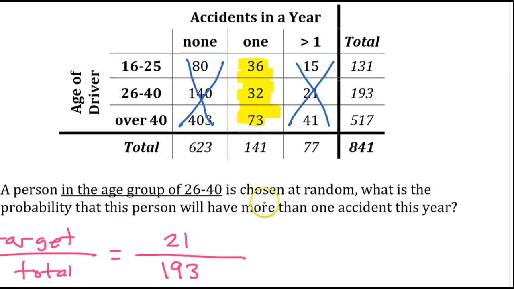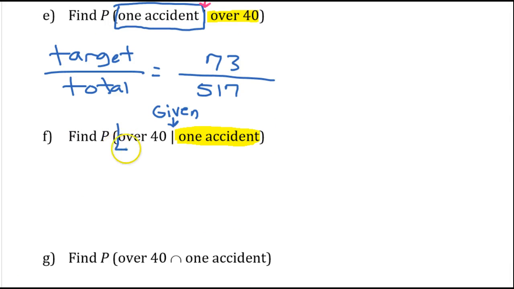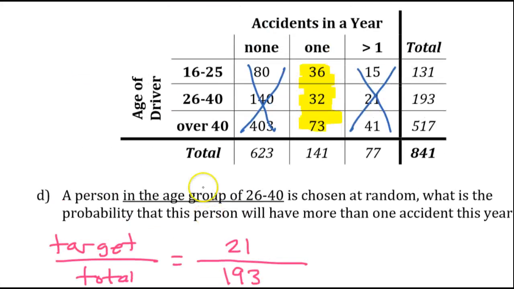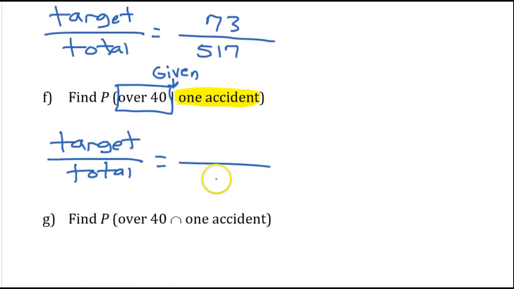Now, what are we supposed to find the probability of? We're supposed to find the probability of being over 40. So we are going to do target over total. Let's start with the new total. After throwing out a bunch of stuff, we're only dealing with these. There's 141 people who had one accident, so the new total is 141.